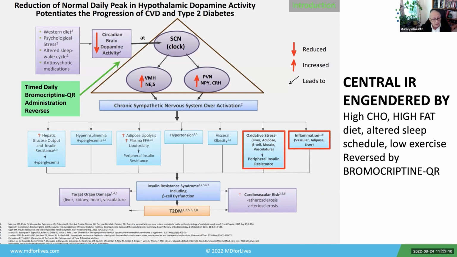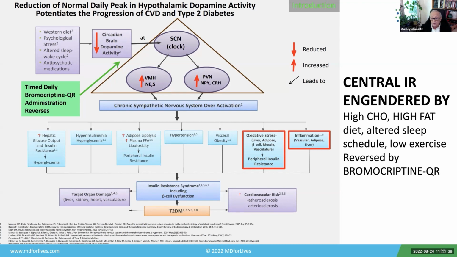And you can see the multiple things are affected by increased sympathetic tone: hepatic glucose output, hyperinsulinemia, increased adipose lipolysis, hypertension, visceral obesity, oxidative stress, inflammation. This results in type 2 diabetes, increases target organ damage, increases cardiovascular risk.